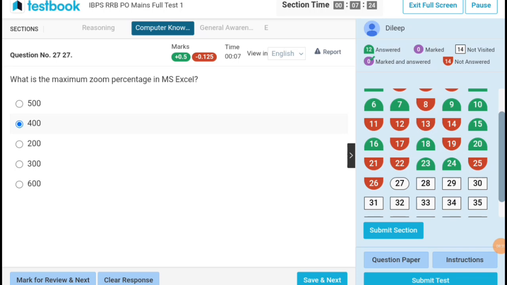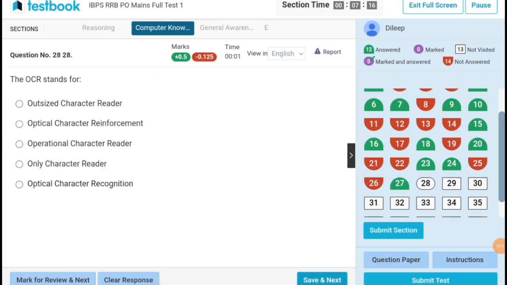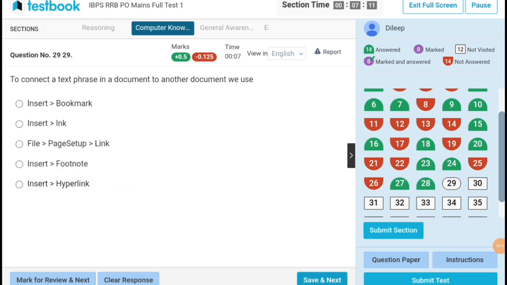Maximum zoom percentage in MS Excel is 400%. I think it is 400 or 500. Optical character recognition.